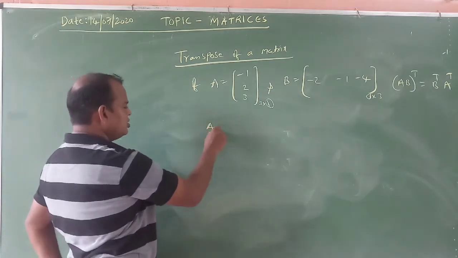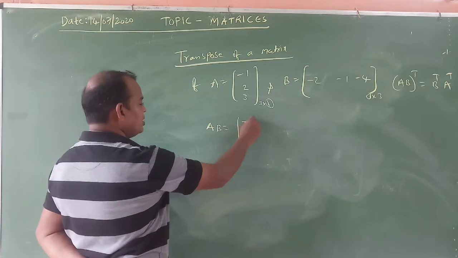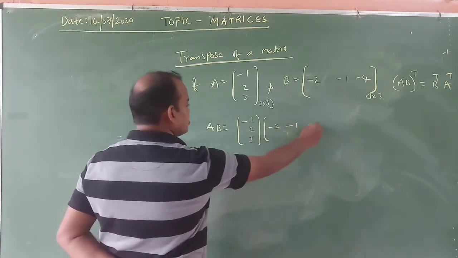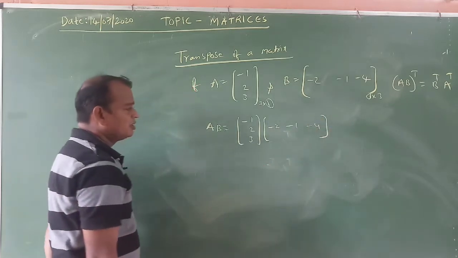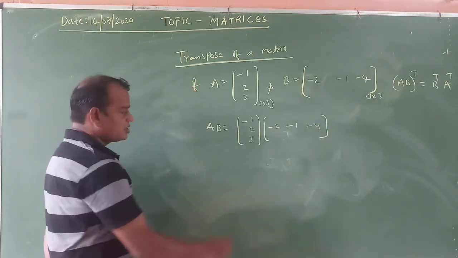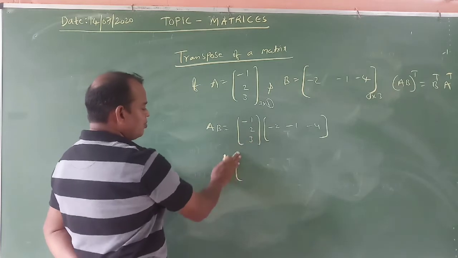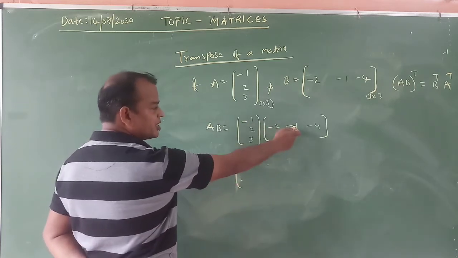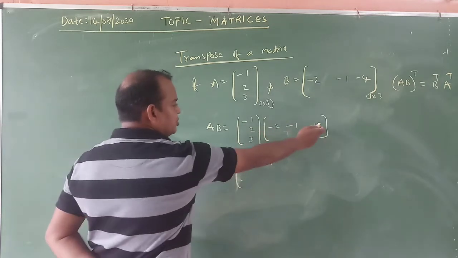Now, A into B: -1 2 3 into -2 -1 -4. Row by column multiplication. -1 into -2 means 2. -1 into -1 means 1. -1 into -4 means 4.